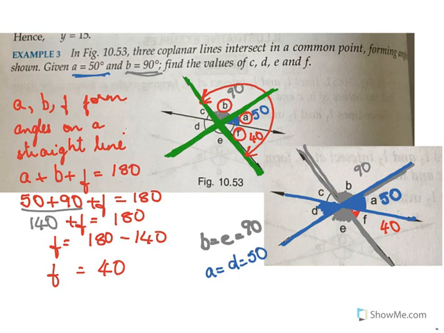Now next we'll see who's vertically opposite to F. This is F. We need to extend this further, and vertically opposite to F we will get C. So F equals C equals 40.